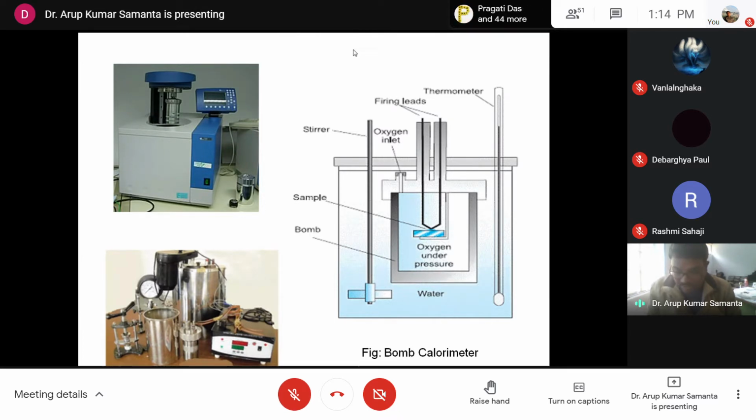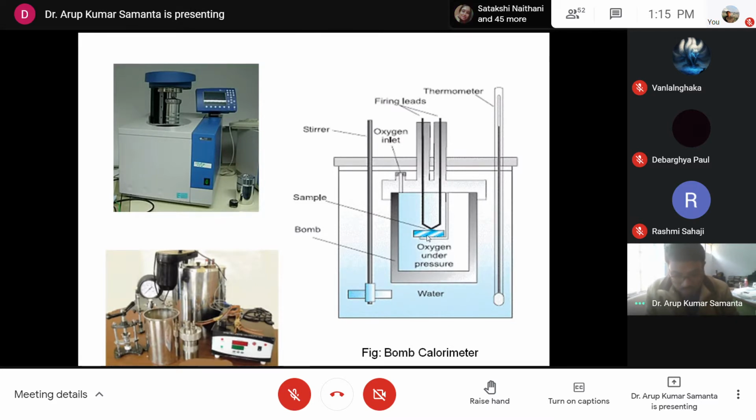If you see the structure of this bomb calorimeter, the bomb is a metallic container. Inside this bomb there is a particular area where you can put the feedstuffs, and there is a cup. In that cup you have to take the samples. If you are taking maize, you take 1 gram of ground maize.